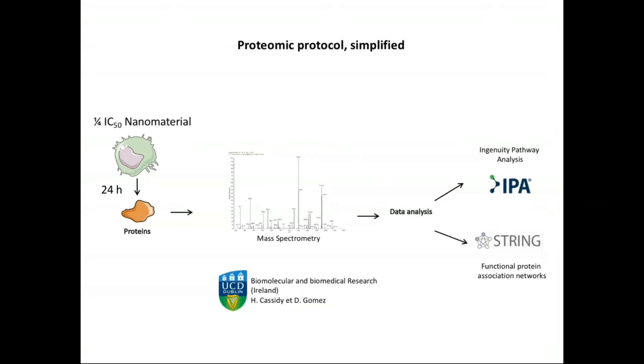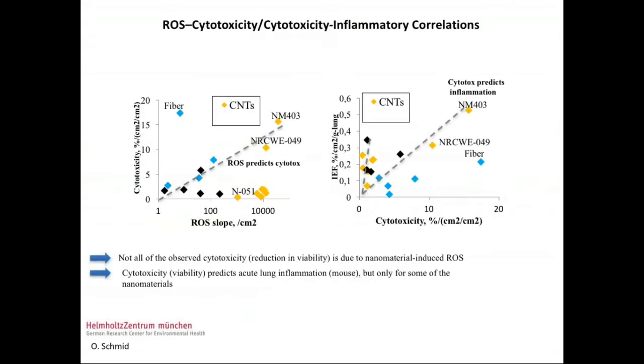To start with, I will just remind us that there is some relationship between production of ROS and cytotoxicity, but this relationship is not for all nanomaterials. Some produce ROS with a good relationship to concentration, or to their functions, or to some other determinants, but not all.